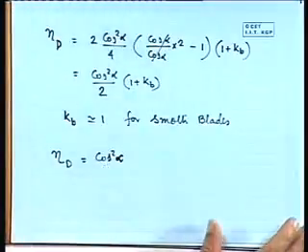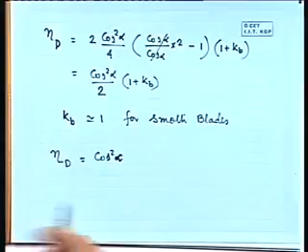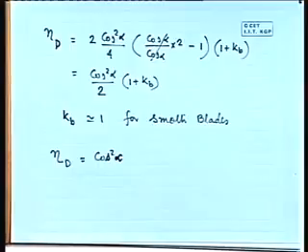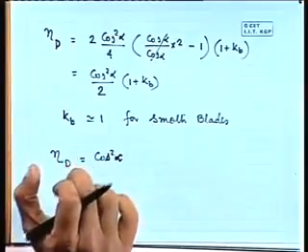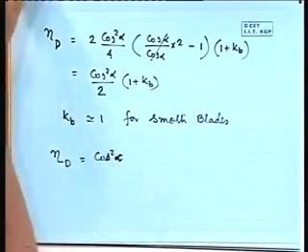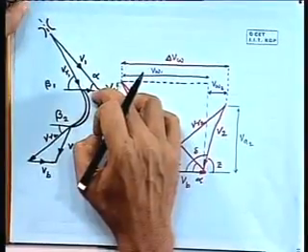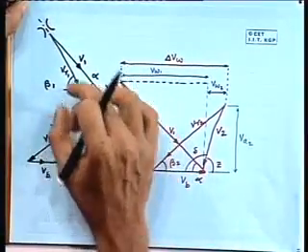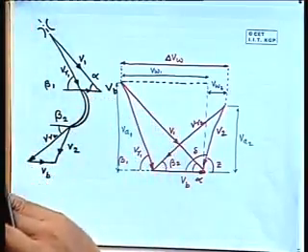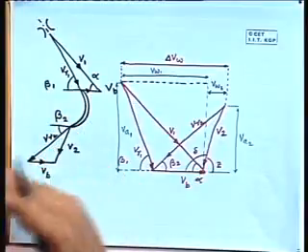So, it is interesting to see that eta d will have a high value if cos alpha is high. Now, if the value of cos alpha has to be high, then this angle has to be very small. But we cannot make it very small due to the mechanical construction.